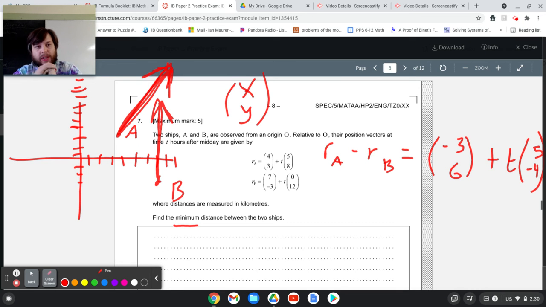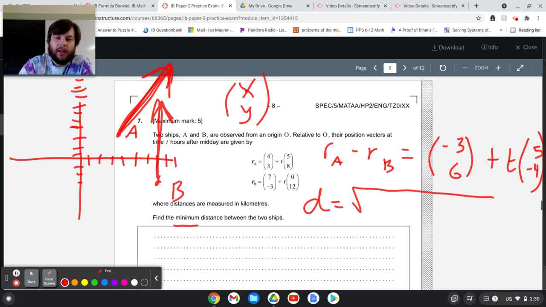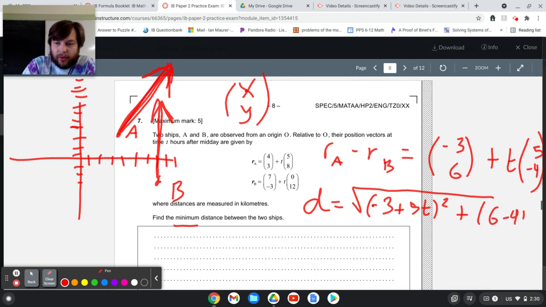And so then what we want to do is calculate the distance between them using our distance formula. The distance formula is the square root of x squared plus y squared. The x coordinate is negative 3 plus 5t. Square that. This is just the Pythagorean theorem again. The y coordinate is 6 minus 4t. Square that. Multiply everything out.